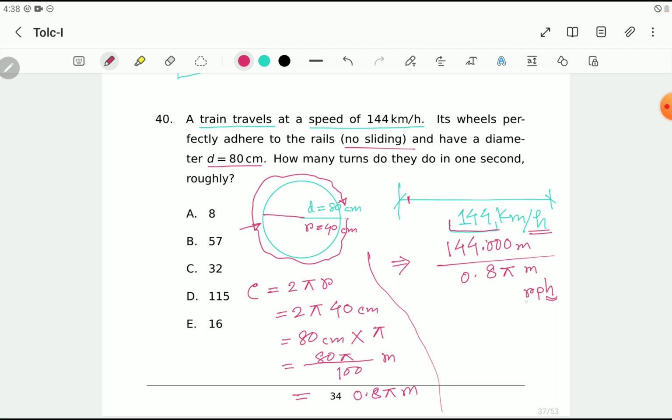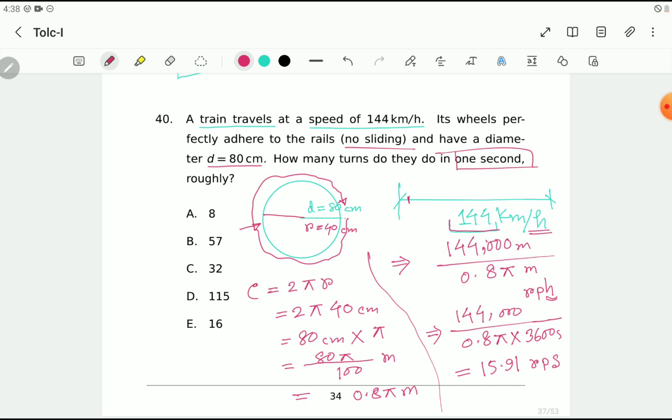So this is rotation per hour, and if we just divide again by the time in seconds, because we know 1 hour equal to 3600 second, therefore we get 15.91 rps, rotation per second, because our answer has to be in seconds.